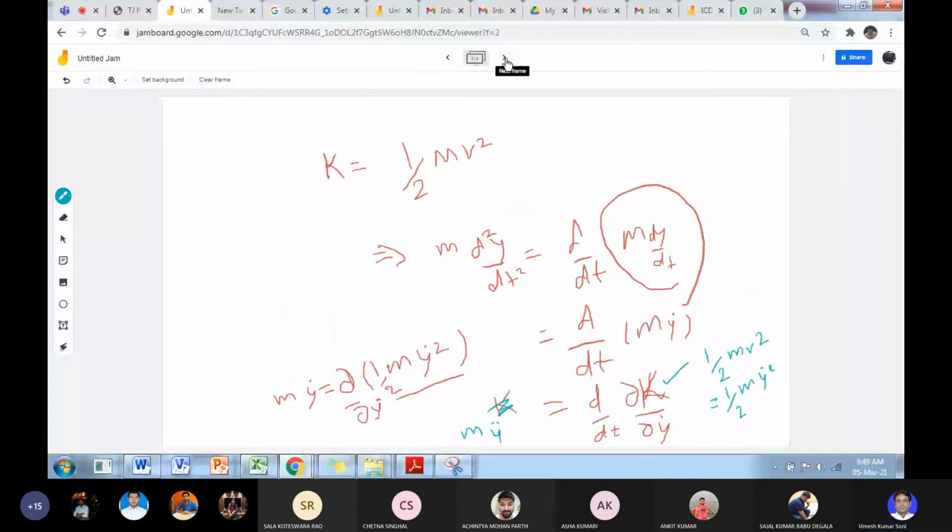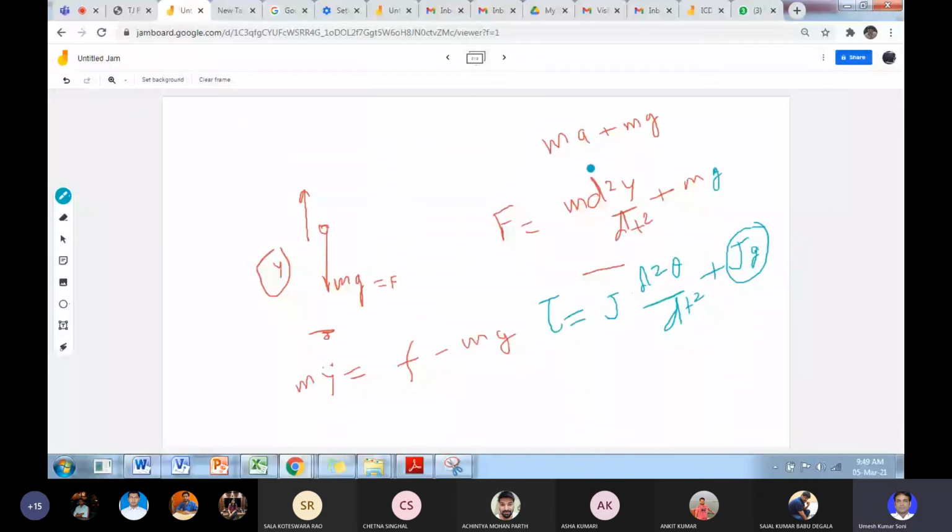After that we have the kinetic energy, 1 upon 2 mv square, that is called the m d square y upon dt square. Okay, it means a term we are determining using this term. In this fourth term we are determining first this term.